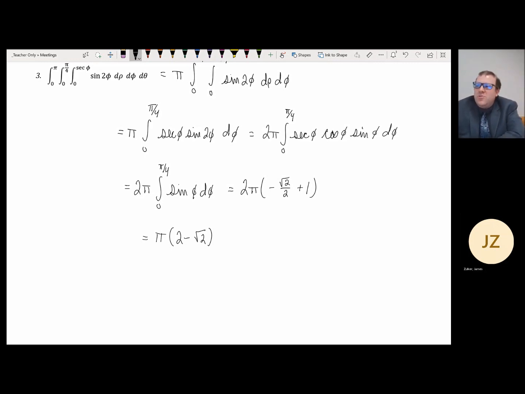Pi times 2 minus root 2. Cosine of pi over 4, well, technically negative cosine of pi over 4.